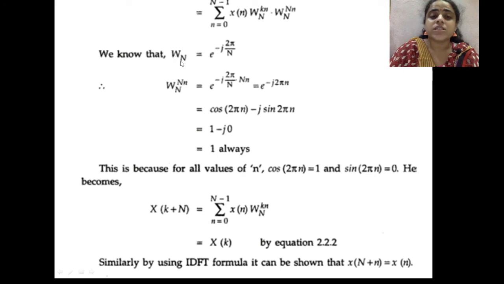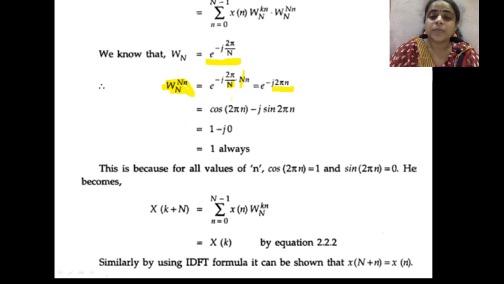We know omega suffix N is equal to e power minus j 2 pi by N. Then omega N power nN is equal to e power minus j 2 pi nN by N. These N and this N will get cancelled, giving e power minus j 2 pi n.